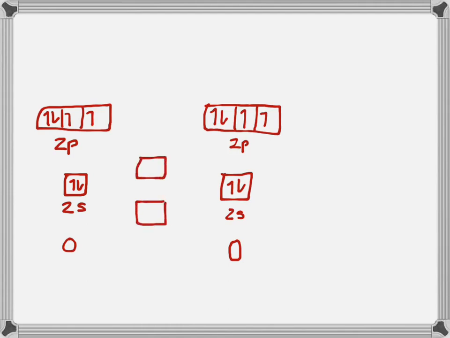The s orbitals will make a sigma star 2s and a sigma 2s. So those guys are going like that.